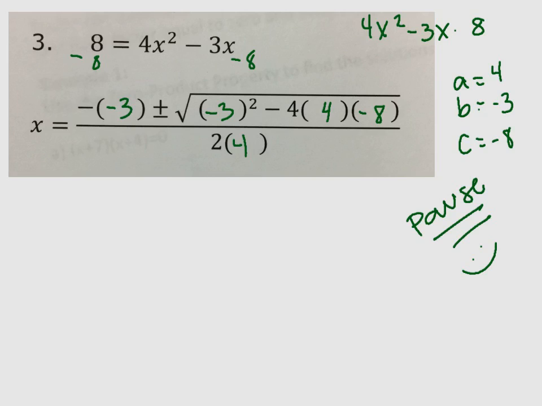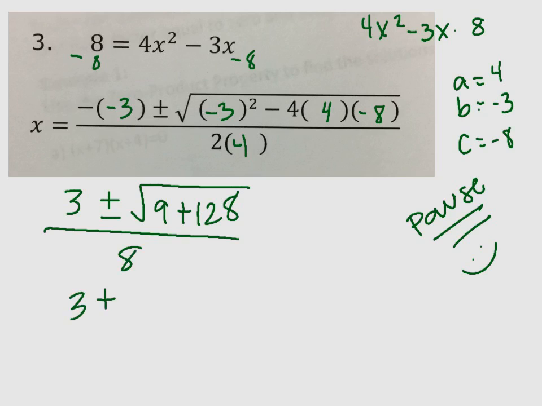So now you get 3 plus or minus the square root of 9 plus 128, which equals 137.